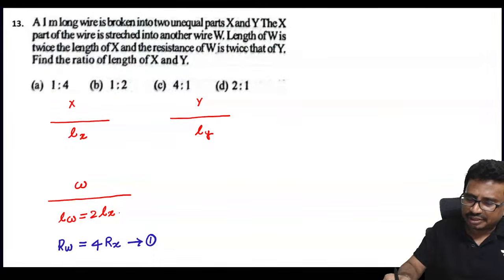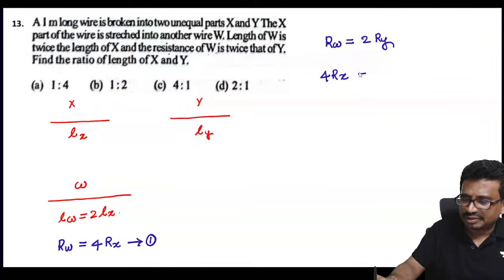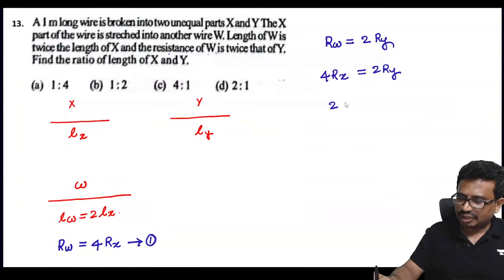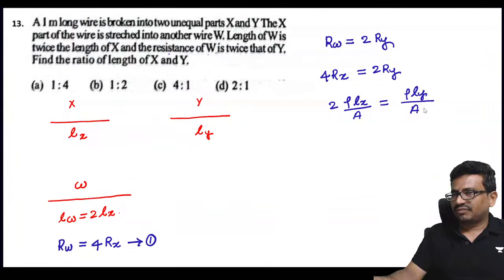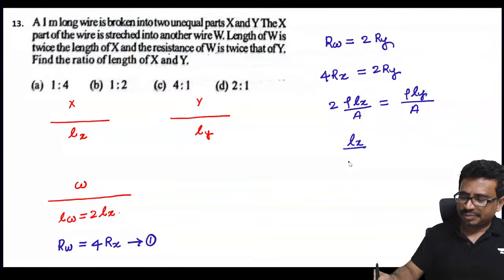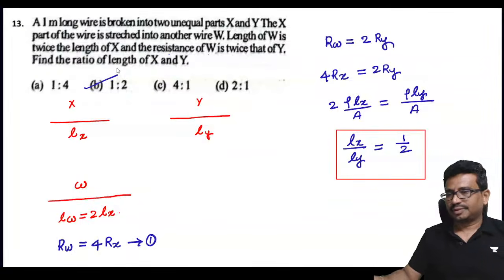What other condition did they give? The resistance of W is twice the resistance of Y. So the resistance of W is equal to 4 times the resistance of X, which is equal to 2 into the resistance of Y. The resistance formula is rho Lx by A, which equals, the 2 cancels, rho Ly by A. The rho and A values are the same. So Lx by Ly will be 1 by 2. Got it? 1 by 2.